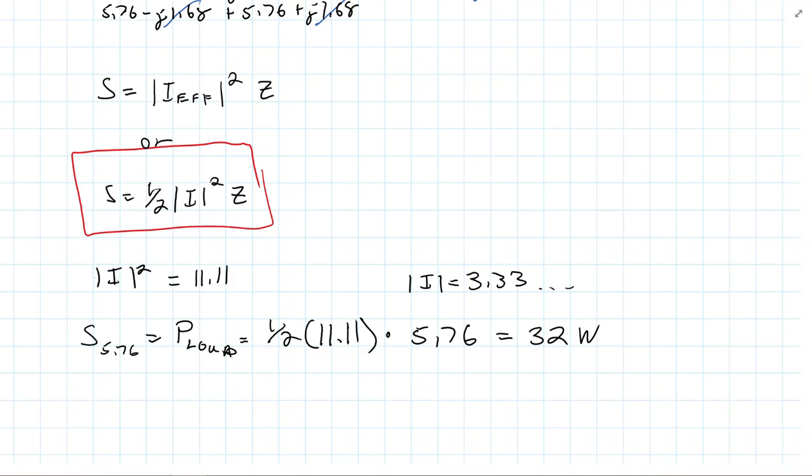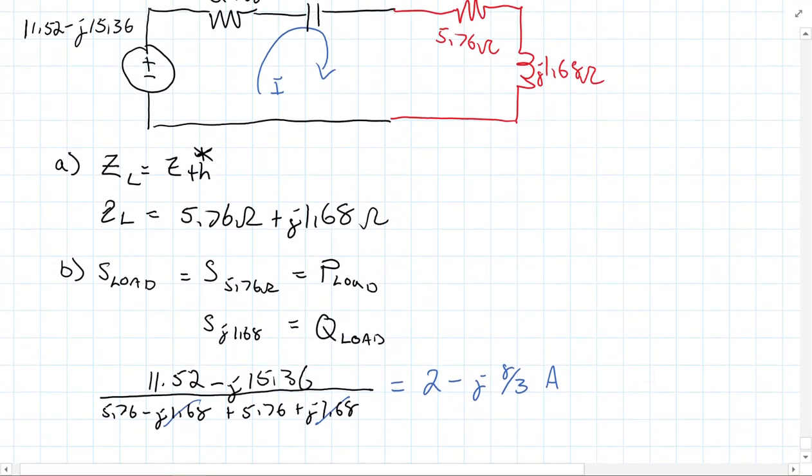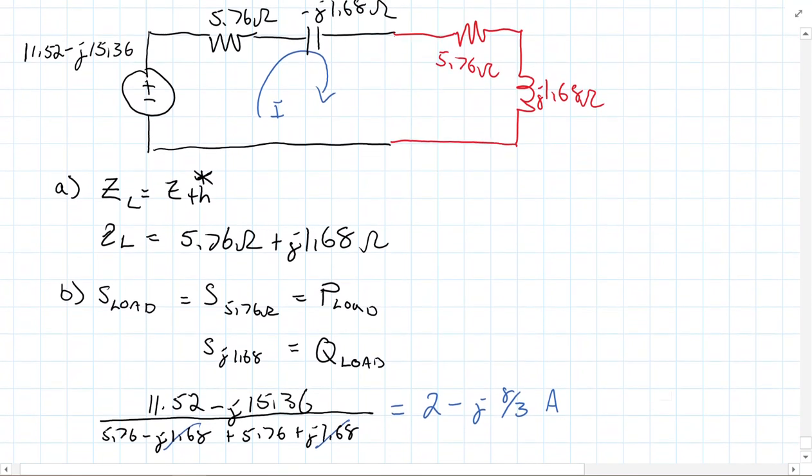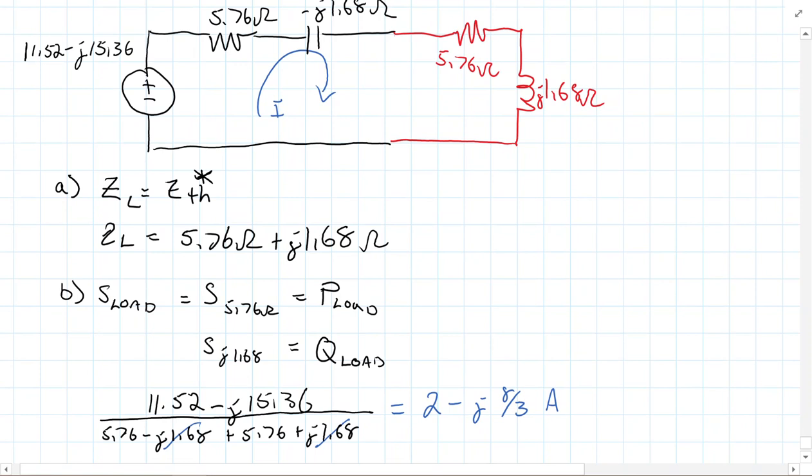So again, what did we compute here? We computed the max average power transfer, and I'm just wanting to double check some computations here because something feels a little off to me, but I think we did everything right. So we have 11.52.